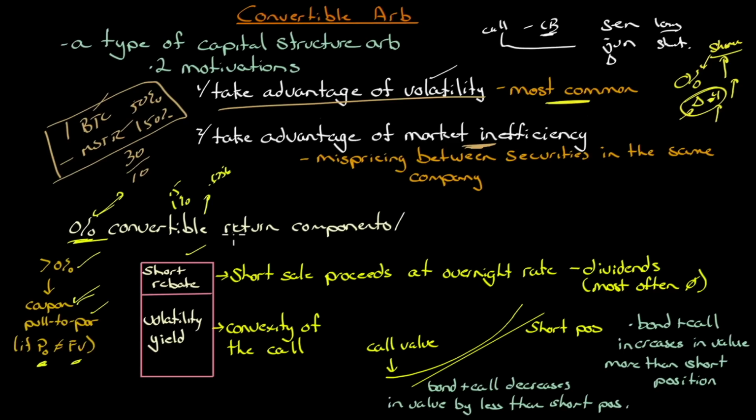This is the big money here, with the volatility yield being the really big one. This is nice right here, the short rebate. So to say there is no coupon, there kind of is a coupon. Let's say the convertible bond was issued and they negotiated a delta of 0.4 on the embedded call.